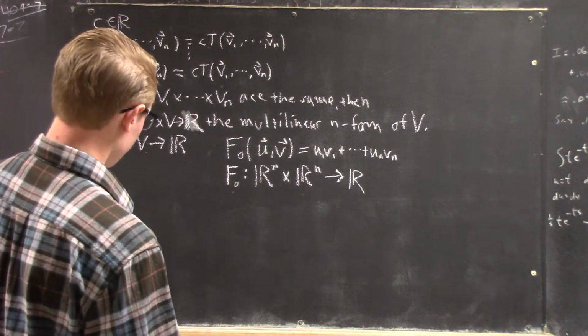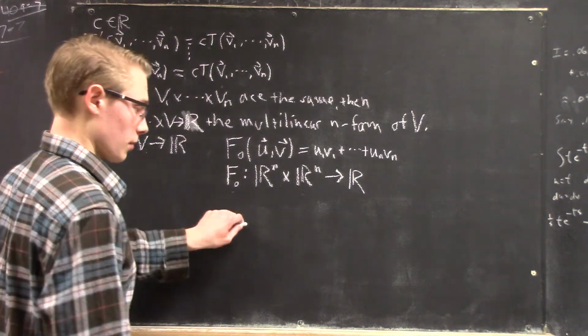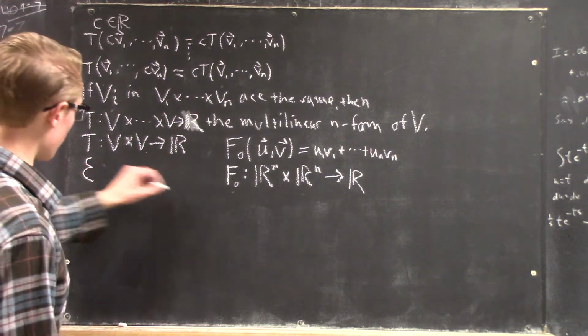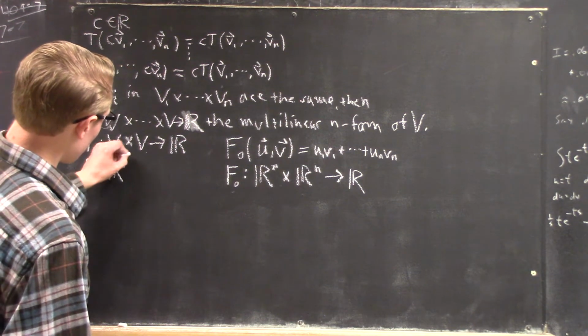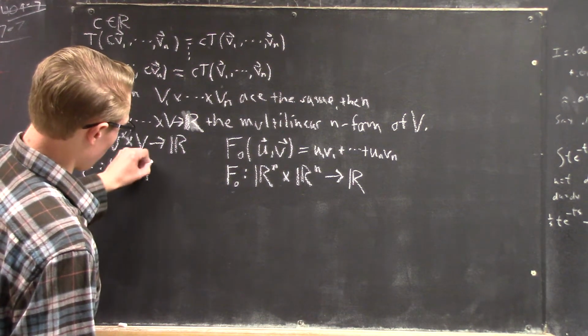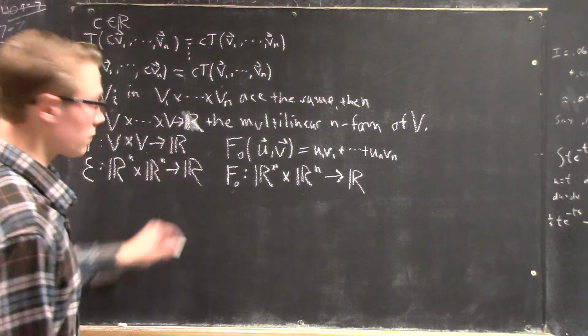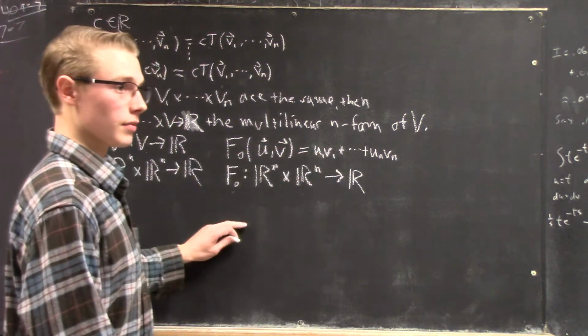Yet, of course, this would correspond. F naught is just one particular example. We can have some arbitrary transformation, which of course still has a bilinear form, from R^n cross R^n to R. An abstraction of this particular example.